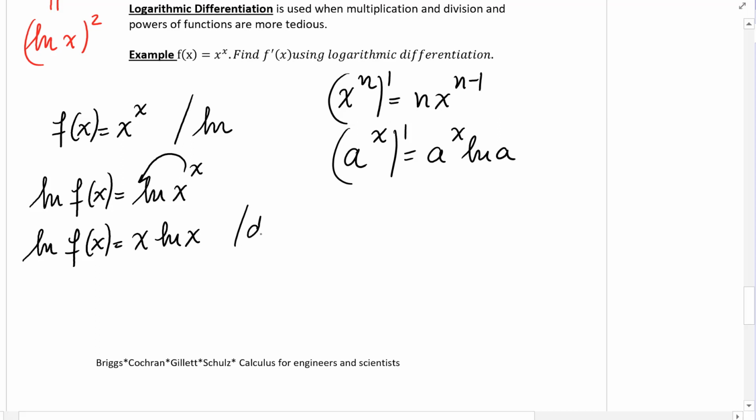Now let's differentiate both sides with respect to x. So if we differentiate, we get ln of f of x prime, it's f prime of x over f of x. Chain rule, right?